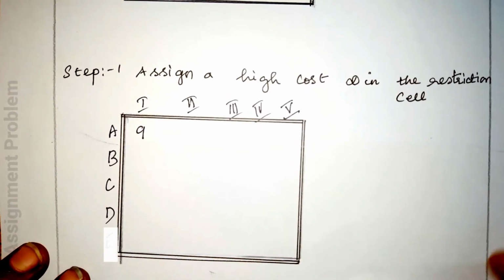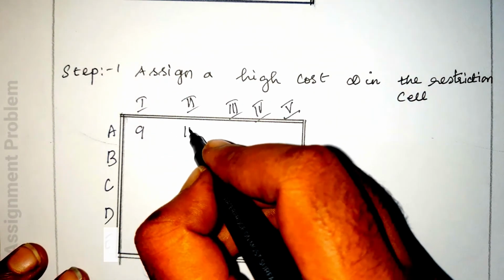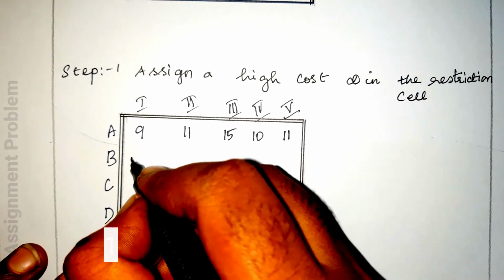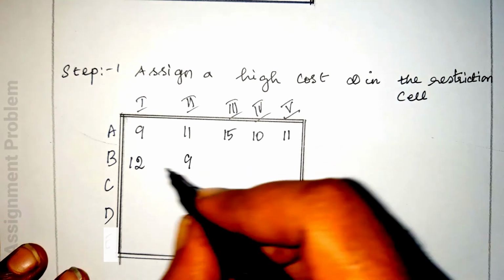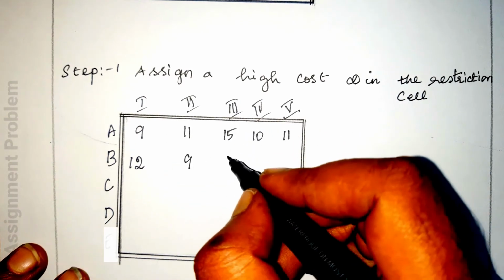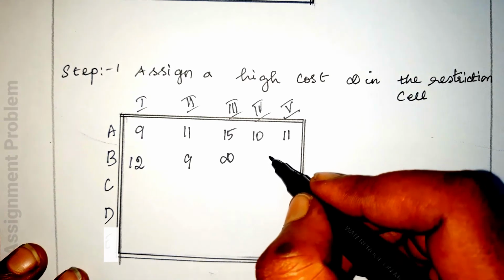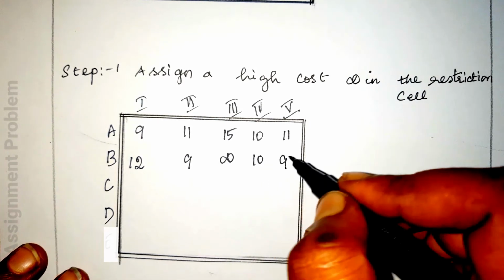Okay, let me write. 9, 11, 15, 10, 11, 12, 9. Machine B is not suitable for location 3, so put infinity. 10, 9.